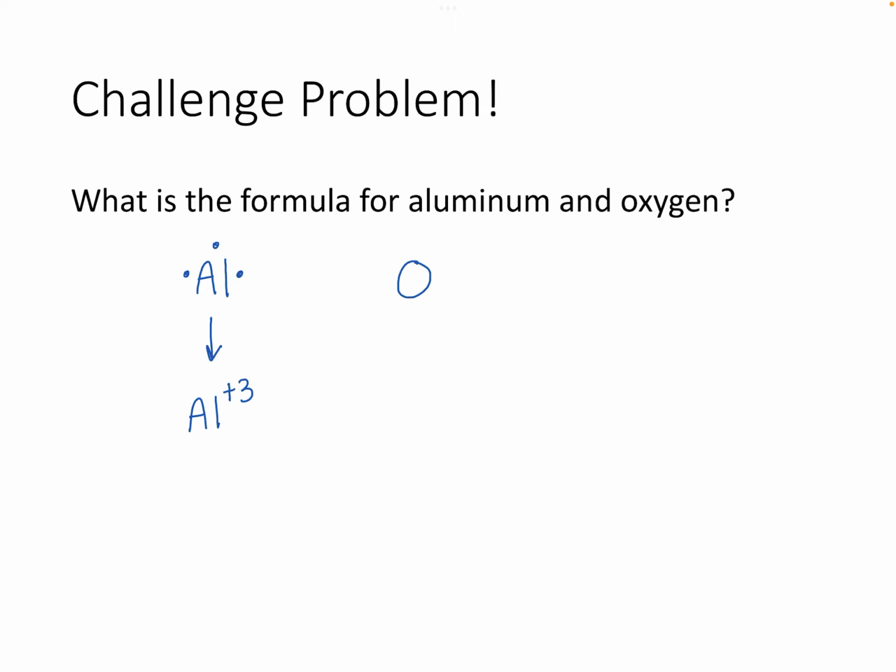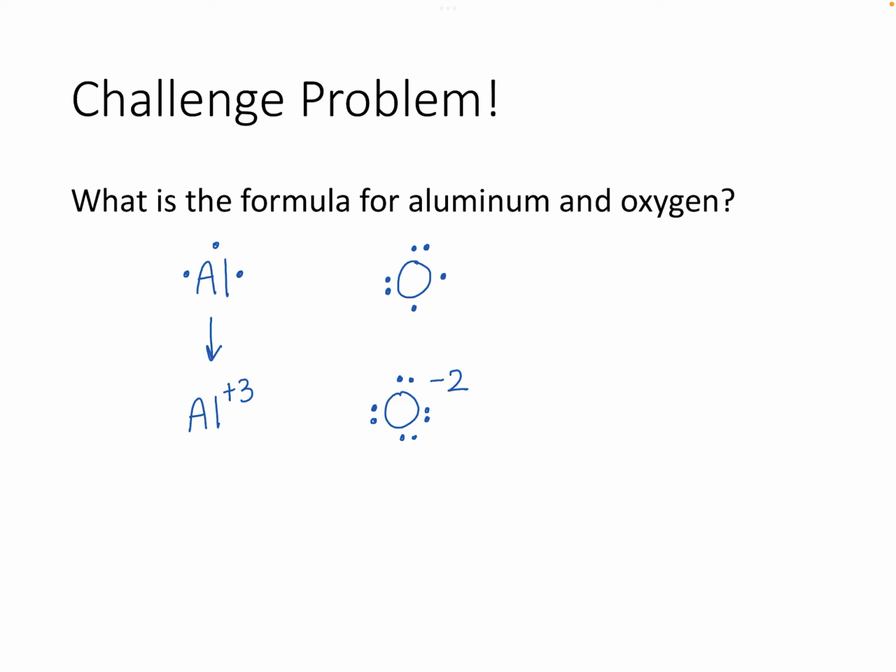And then what about oxygen? What do we need to do to give oxygen an octet? We saw earlier oxygen is in group 6, so it has 6 valence electrons. So how can we give oxygen 8 electrons? Well, it would need to gain 2 electrons. So what charge would oxygen have once it has 8 electrons? -2.